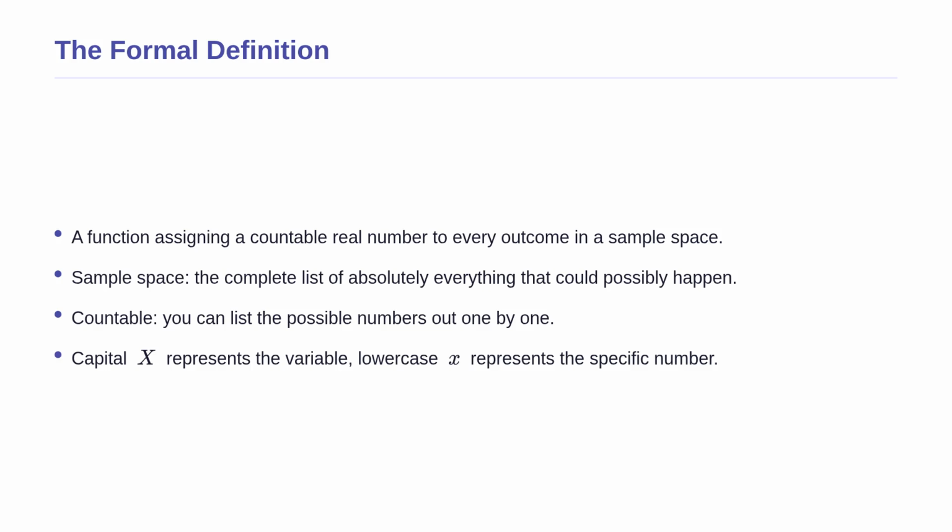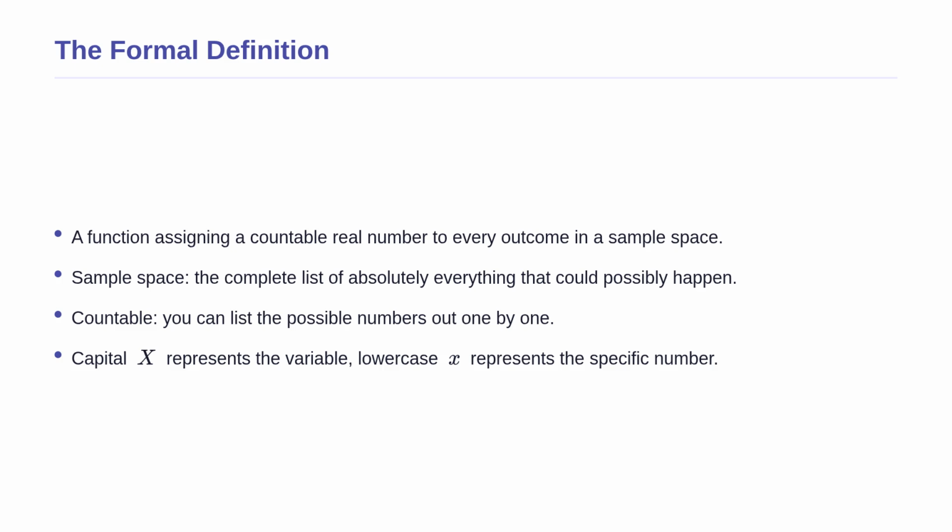Now that we understand the intuition, let us look at the formal mathematical definition. A discrete random variable is defined as a function that assigns a specific, countable real number to every possible outcome in a sample space. Let us break that down. The sample space is just the complete list of everything that could possibly happen, like getting heads or tails.